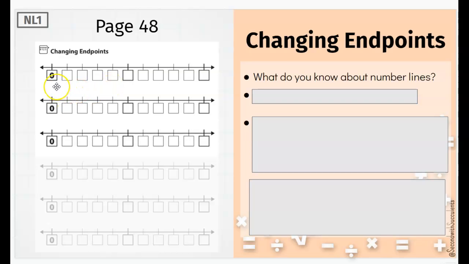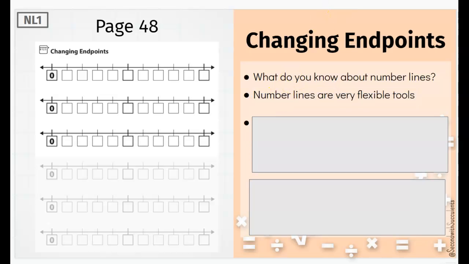Let's see how many we have. We have 1, 2, 3, 4, 5, 6, 7, 8, 9, 10, 11 squares on each line. You may have noticed a few other things as well, but let's move on with our activity.